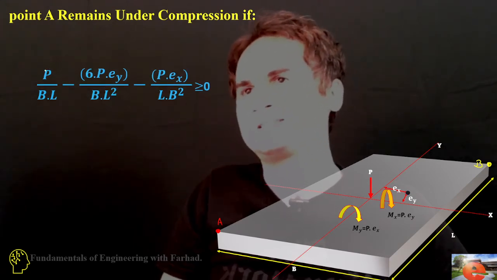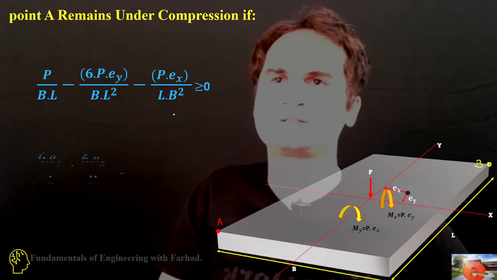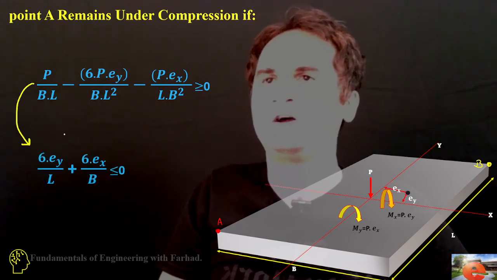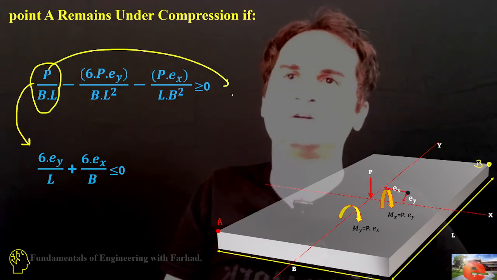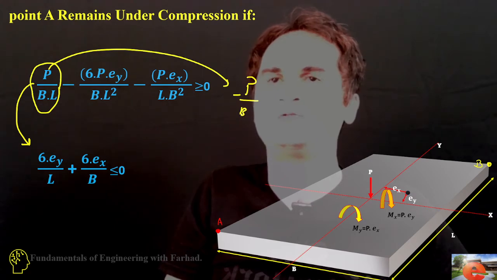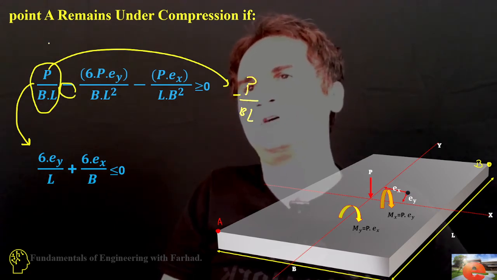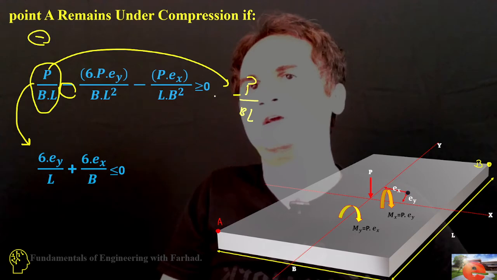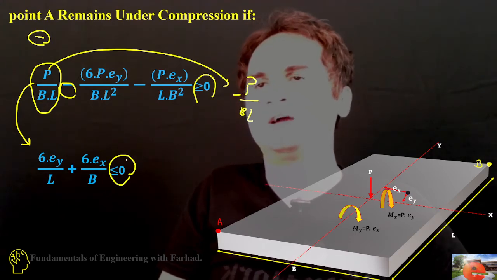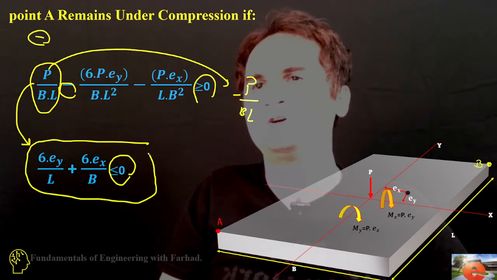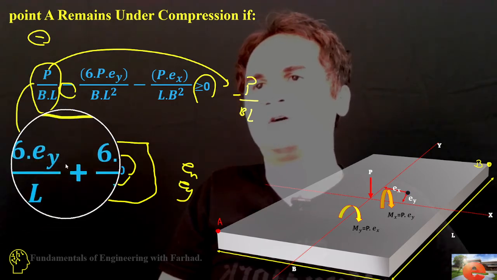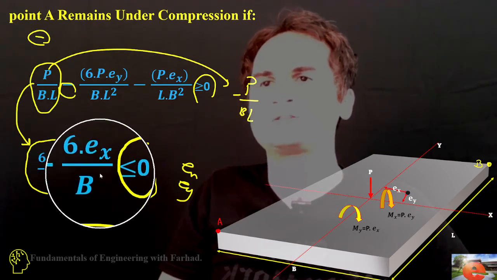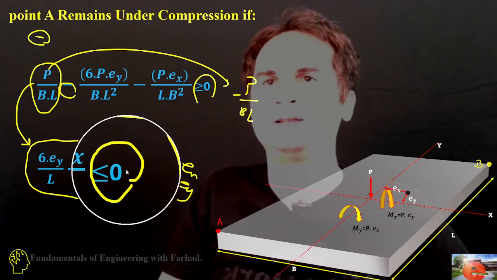So that says P over BL minus, we can take this part, the other part, so that's a minus P. Then again multiply all the equation by a negative. Again the sign is changing, and it just gives us a final equation and condition for Ex and Ey, which is 6 times Ey over L plus 6 times Ex over B. It should be less than 1.